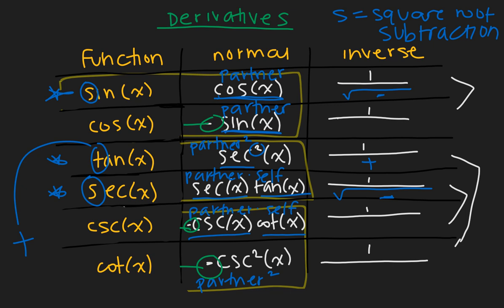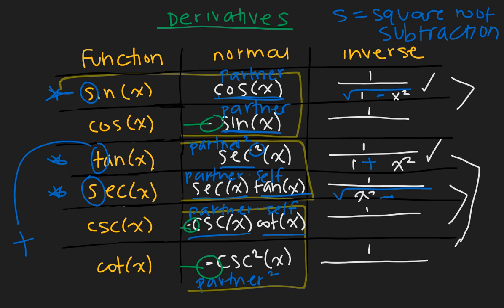This is where it gets a little bit strange. For sine and tangent, it's 1 and x squared. So it's 1 minus x squared and 1 plus x squared. Now these two are done. But secant is the odd one out.